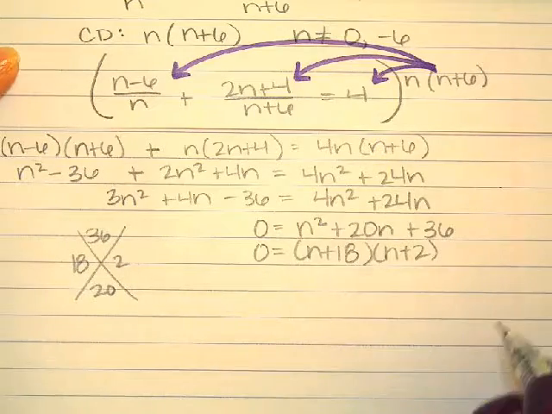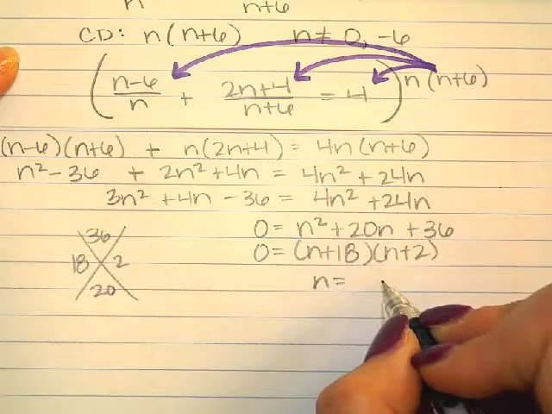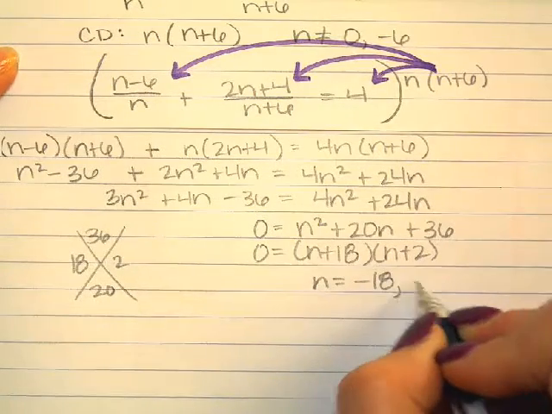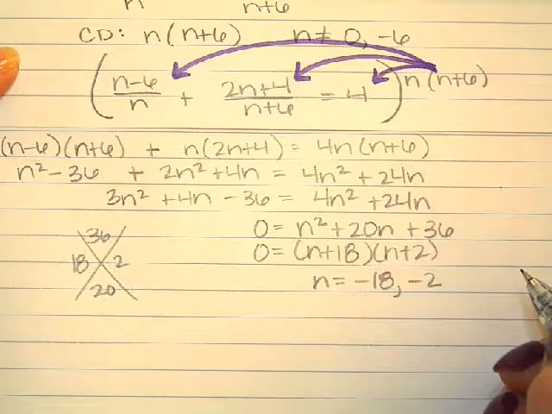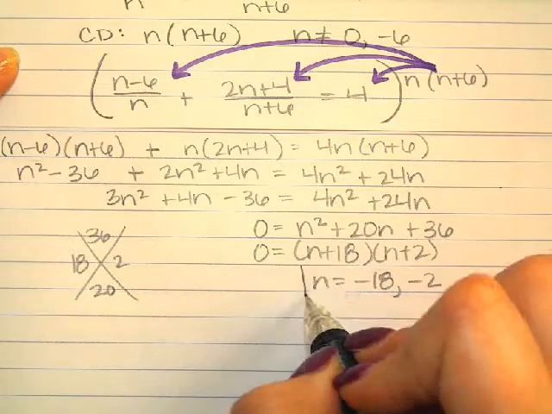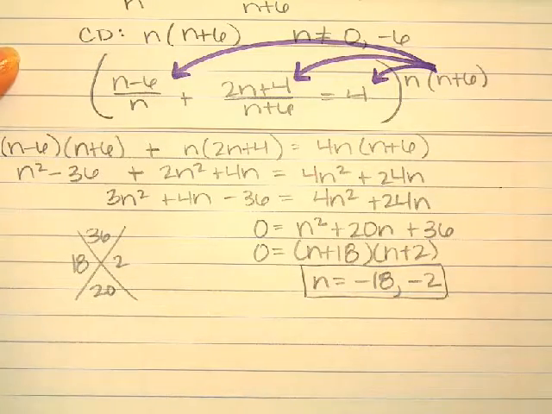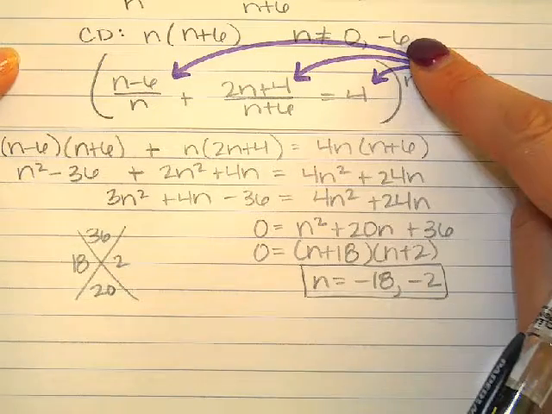All right, so n equals negative 18 and negative 2. And are we concerned about either of those based on our excluded values? Nope, they're both good. They were 0 and negative 6, and so we weren't worried about it.